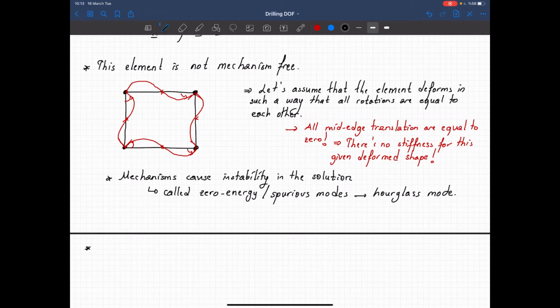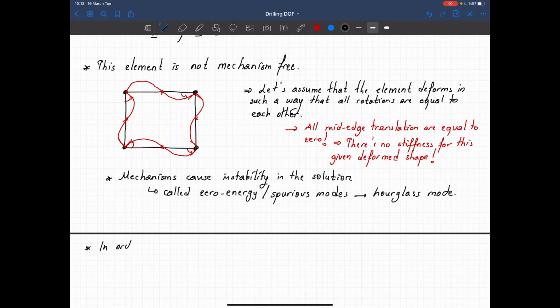So I know that for this given deformed shape, we don't have any stiffness. So I will just put a very small stiffness for this type of behavior, all right? And it should be small so that it will not influence the problem, and the energy that it introduces to the whole system should be equal to 0. So this is one of the approaches.